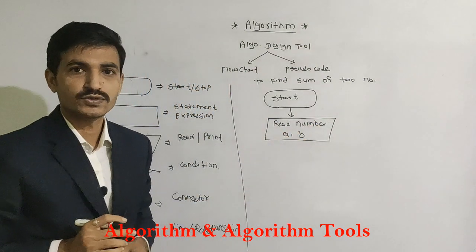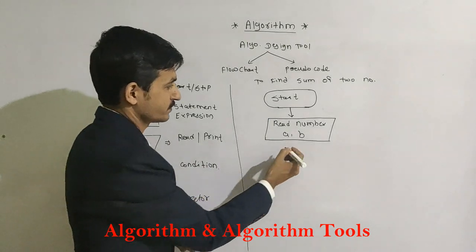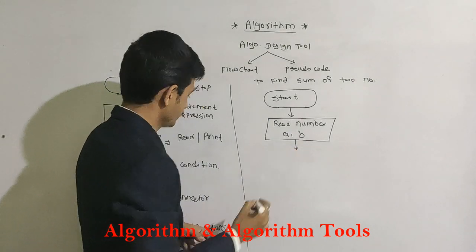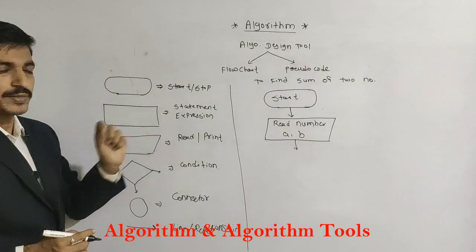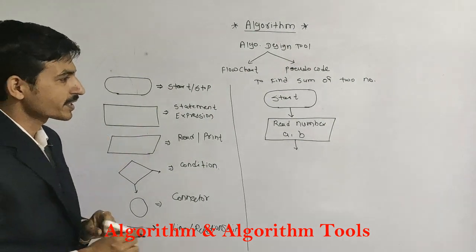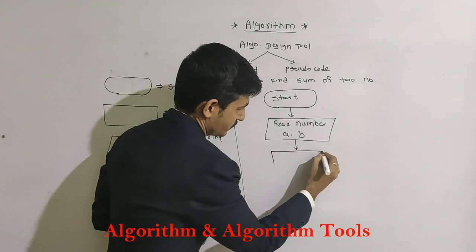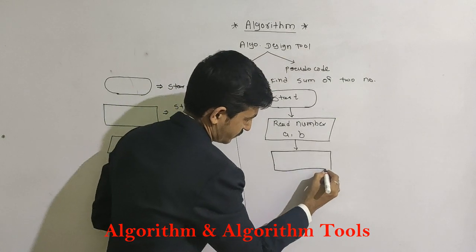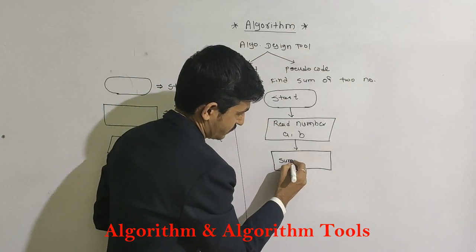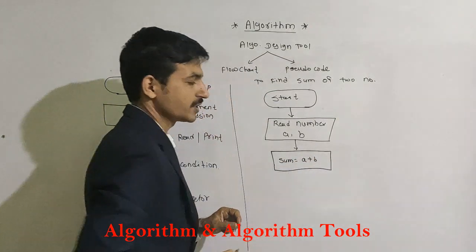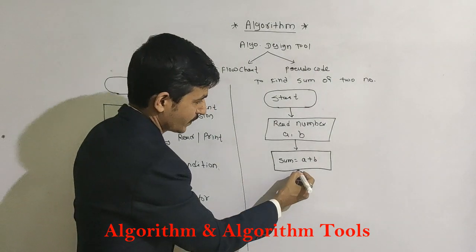So here I read the two numbers A and B. Then there is a statement that I want to perform the sum, so I use a rectangle: sum is equal to A plus B.